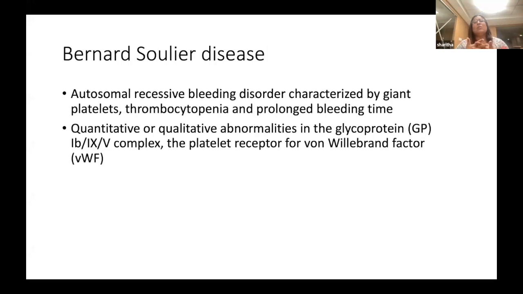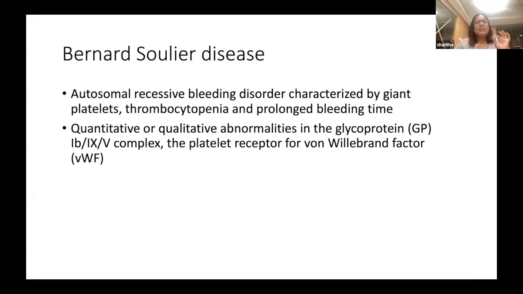Now the next common disease associated with macrothrombocytopenia is Bernard-Soulier disease. This is again an autosomal recessive disorder characterized by giant platelets, thrombocytopenia, and prolonged bleeding time. There are quantitative and qualitative abnormalities involving the glycoprotein surface receptors, that is 1B, 9, and 5.